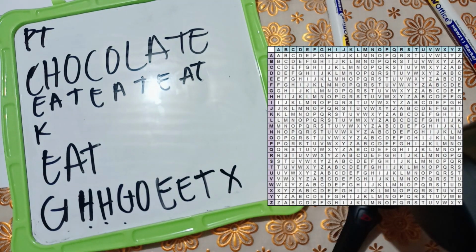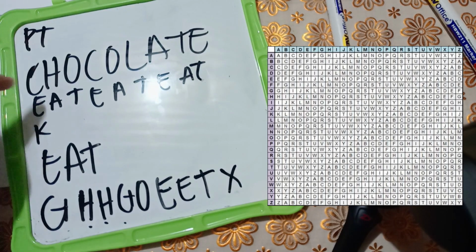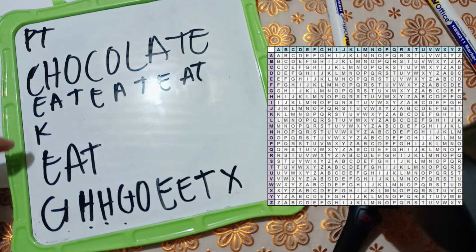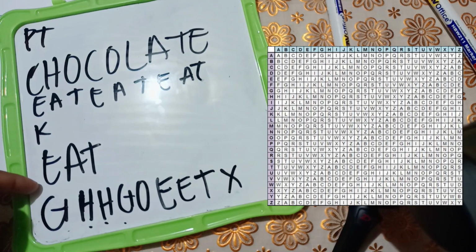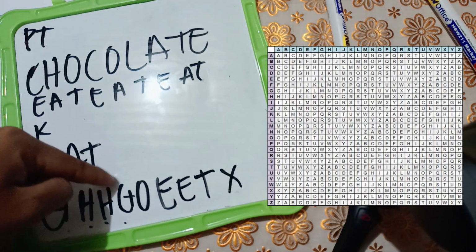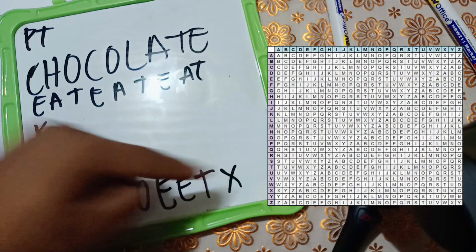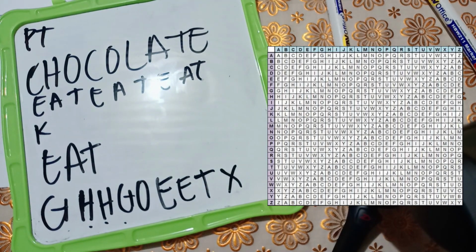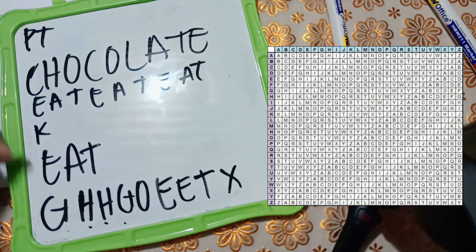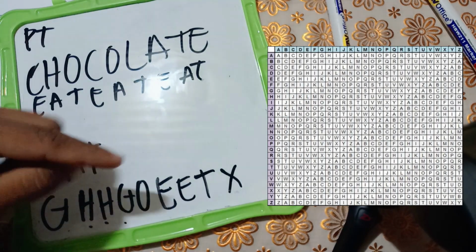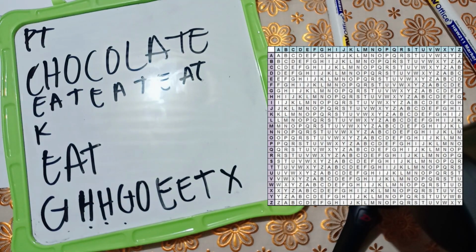So now we have the encrypted word for chocolate using the Vigenère cipher with the keyword AT. So we have the encrypted text. Normal people who have this word can't understand what the sender wants.